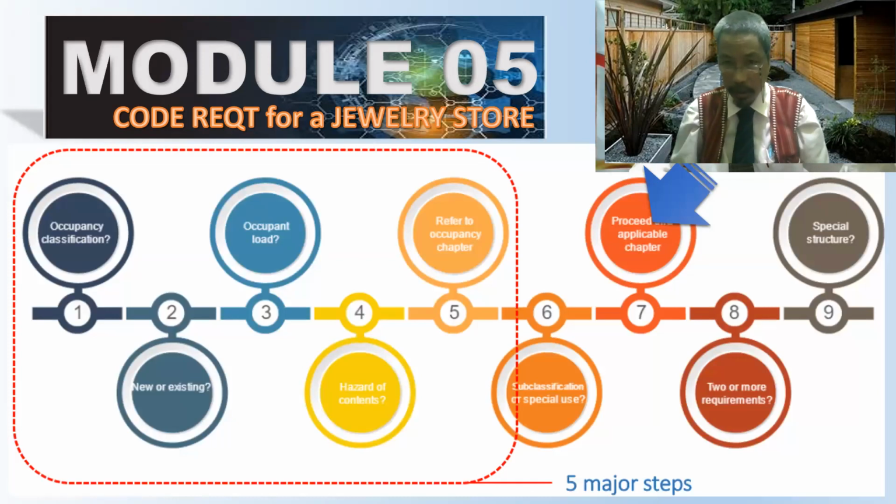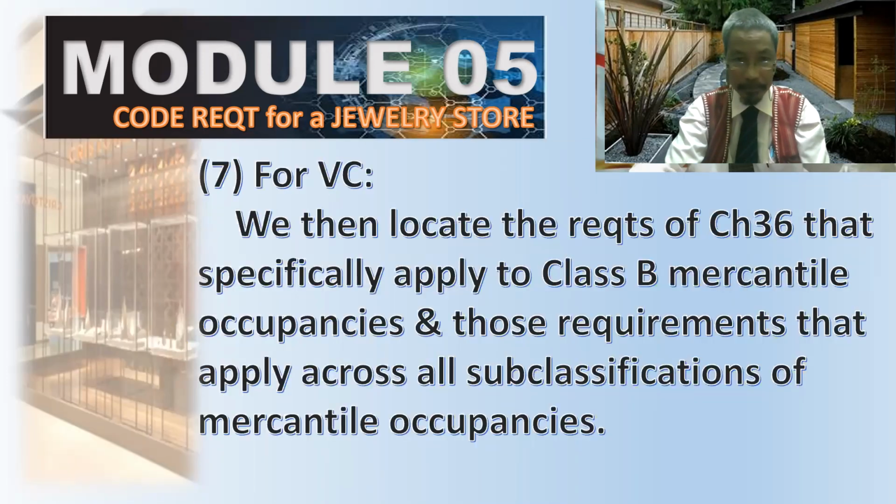Now let us go to the next one, which is step number 7. So let us proceed to applicable chapter and verify compliance. Okay. For compliance verification, we can locate the requirements of chapter 36 that is specifically applied to class B mercantile, because we already know that we are class B and mercantile occupancies, and those requirements that apply across all sub-classifications of mercantile occupancies.